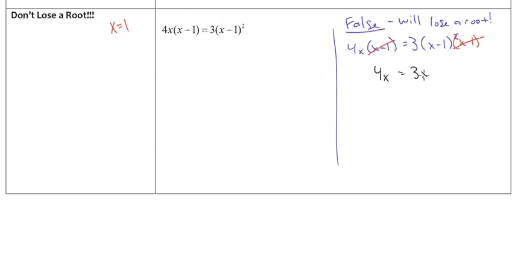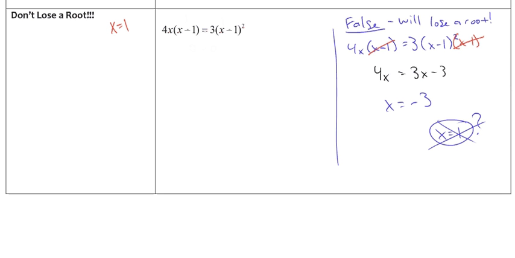And so that's 3x minus 3. We would subtract 3x from each side and get x equals negative 3. Okay? And that is going to be one of our solutions, but we don't have x equals 1 as my solution. Where is it? Well, we lost it by dividing each side by x minus 1, and not considering that as a root.